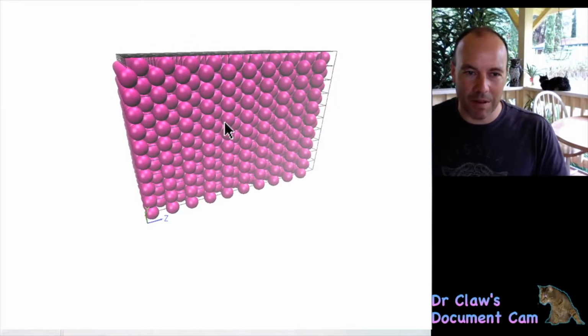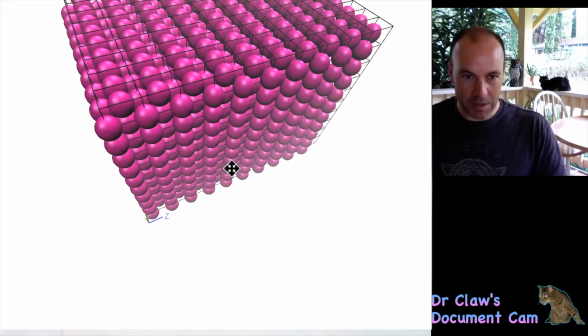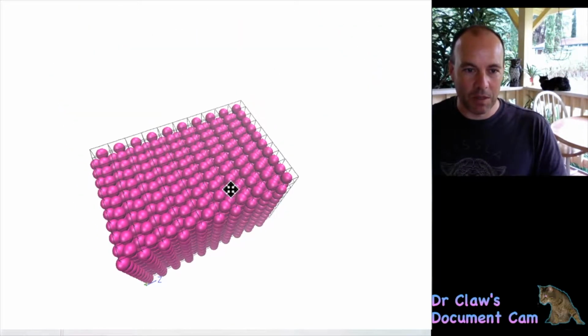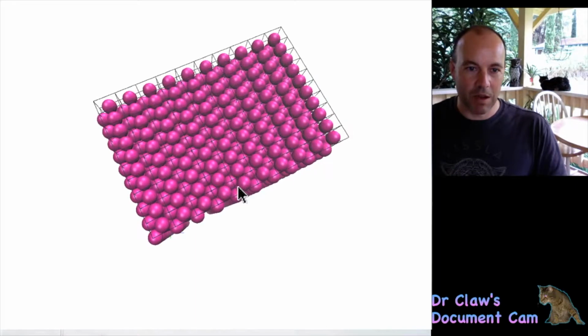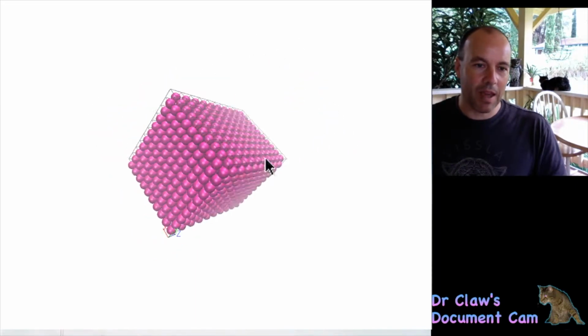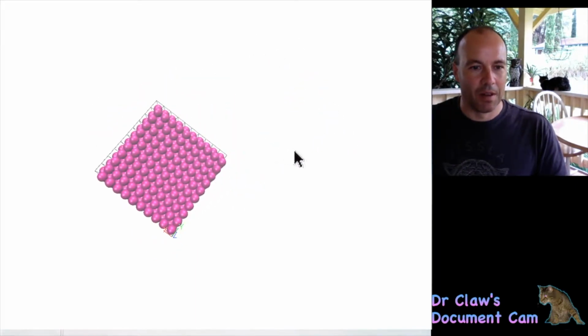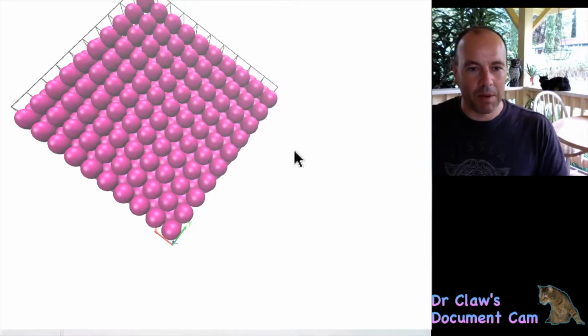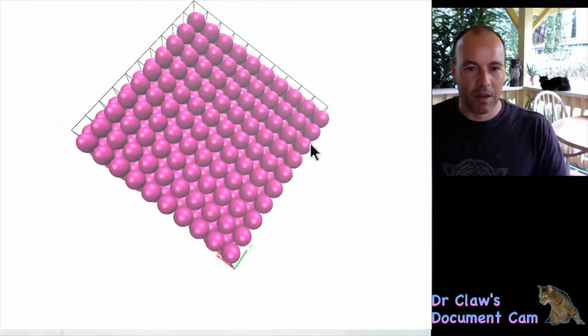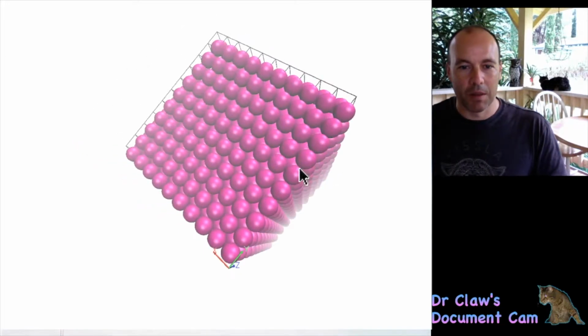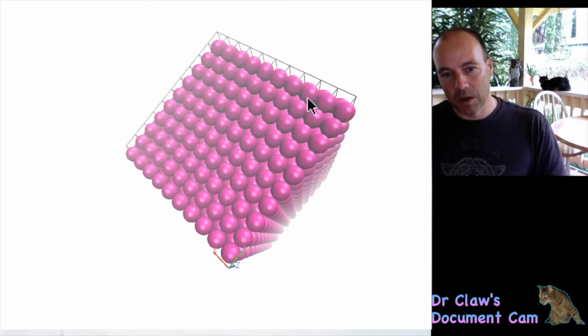The atoms are all in similar positions, and it looks the same if you were to look at it from this direction. The atoms are just all packed together. Maybe you can see it better like this: you have one layer, and then the next layer is staggered, and then the third layer is right on top of the first one, and then staggered again.